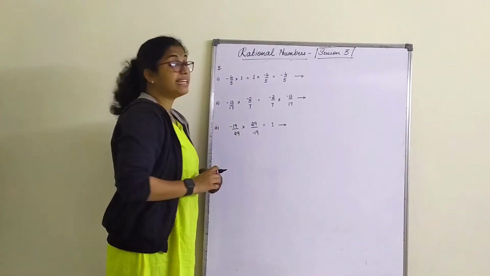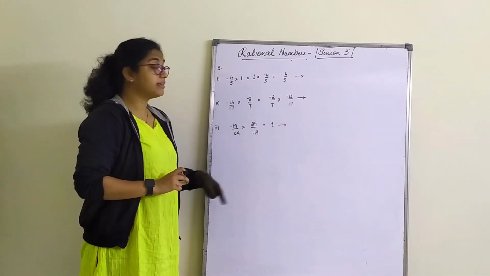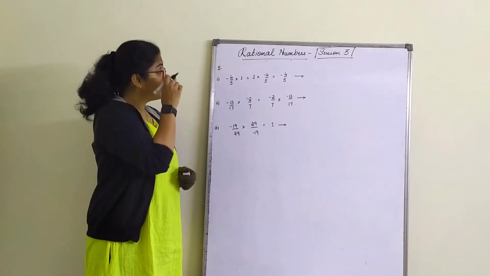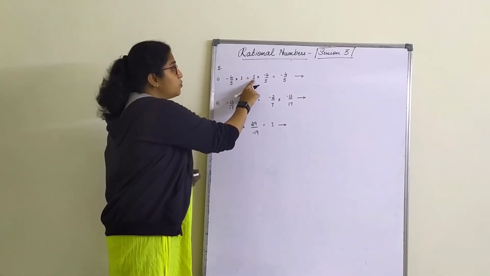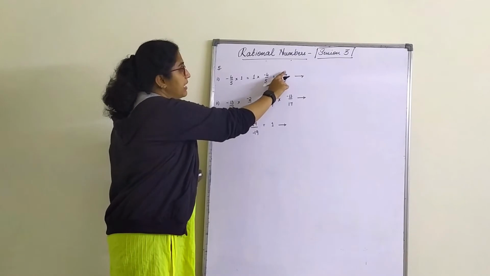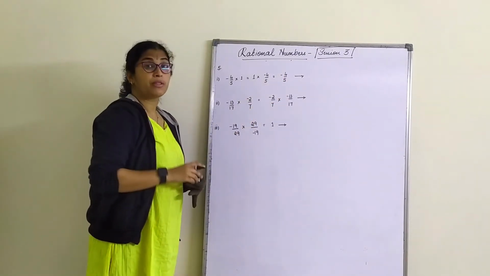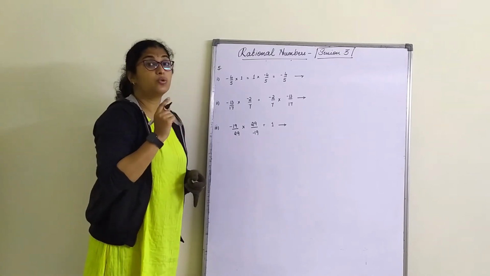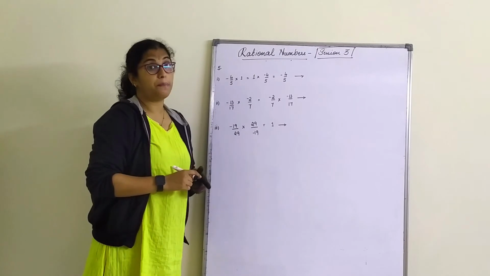In the fifth main, they have asked to identify the property used in the given numbers. The first one, minus 4 by 5 into 1 is equal to 1 into minus 4 by 5. The answer is minus 4 by 5 itself. That means when you multiply a number with 1, you get the number itself. So which property is it?